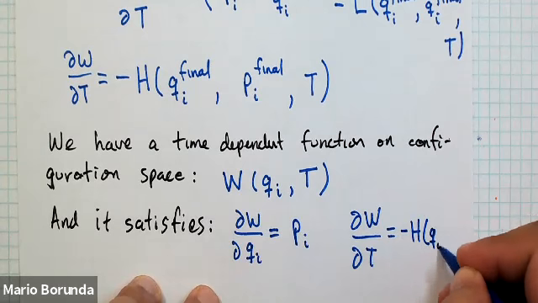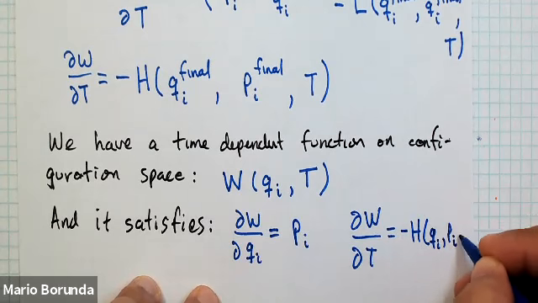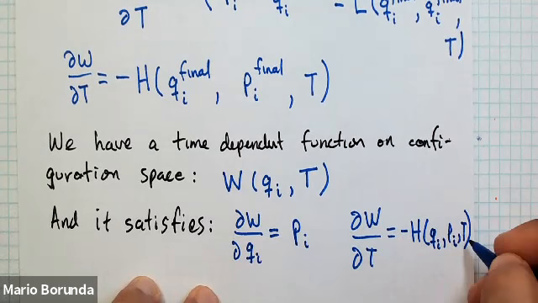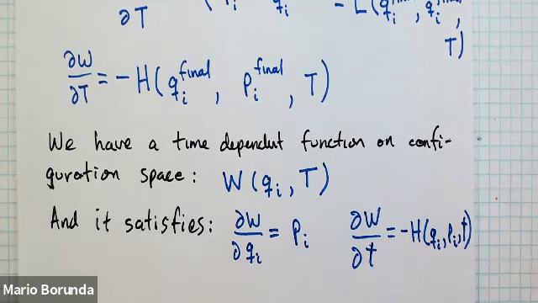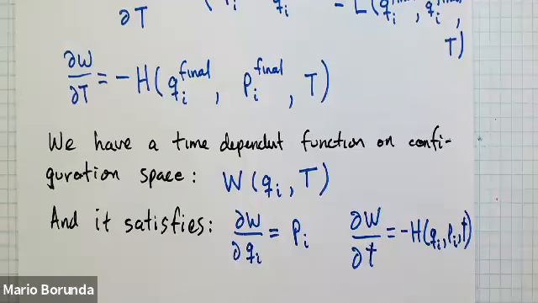And then we have that the Hamiltonian depends on p, q, and time. This is just normal time. Questions?